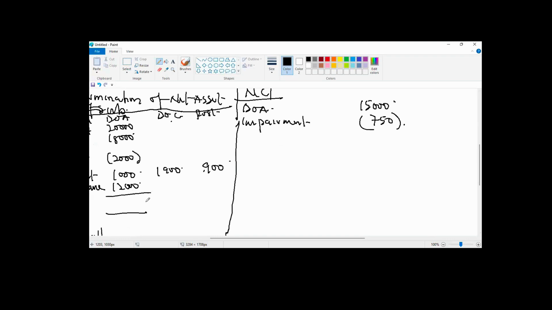What is the net asset at date of acquisition? I will sum it. What is the figure?